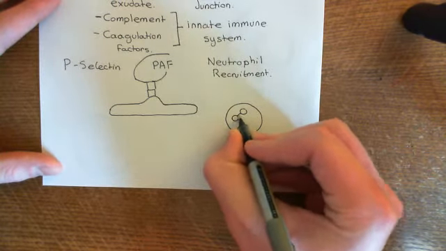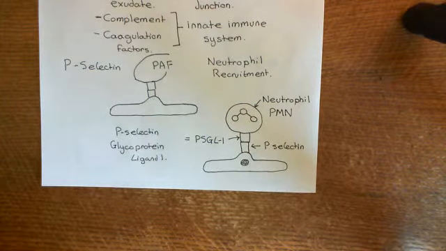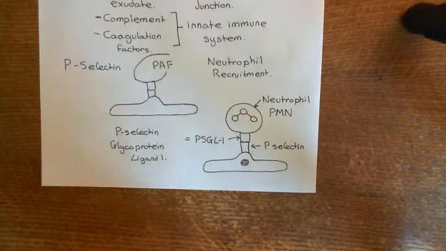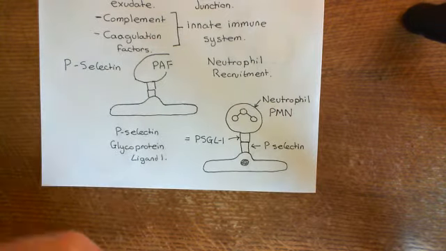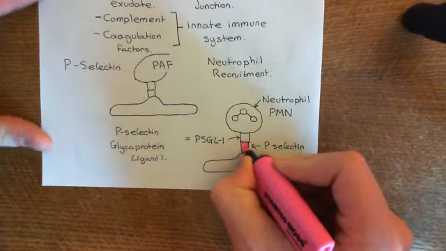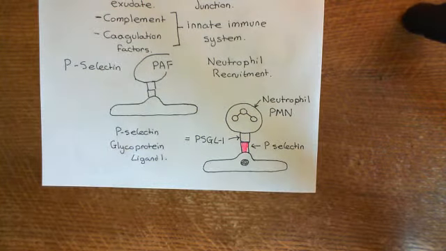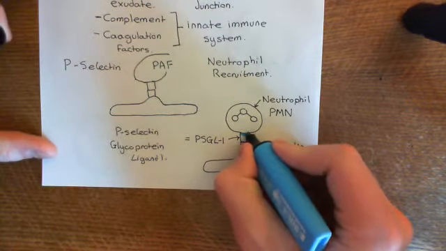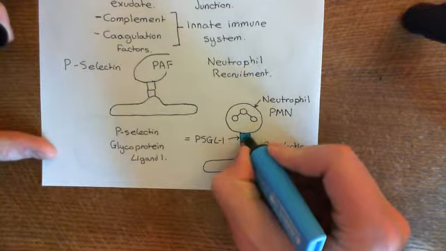Okay, and when this happens, this is what's known as tethering of the neutrophil to the activated endothelial cell. Now, the endothelial cell also puts another molecule on the surface of its apical membrane. Okay, and I'm just going to colour in P-selectin vivid purple and P-selectin glycoprotein ligand 1 in blue.